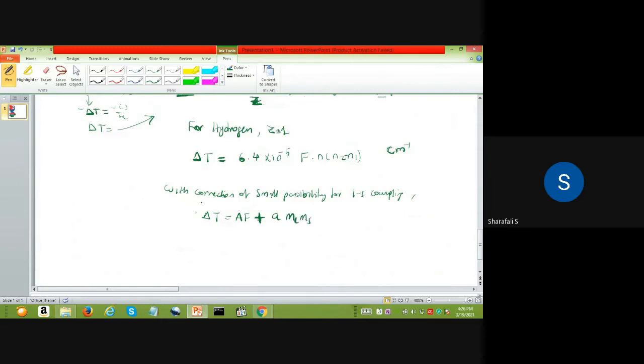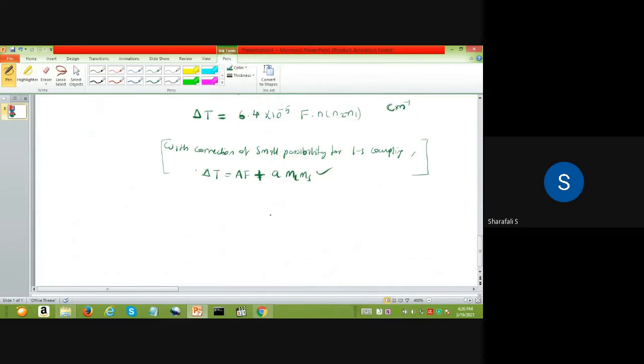So this we already did. With correction, it will become like this. For our transitions, we are not considering this correction. I'm just saying that with the correction, it will be like this, with a small probability of LS coupling. We are not considering LS coupling here because of the strong field Stark effect. We already discussed that the Stark splitting will be much higher than LS coupling or fine structure splitting.